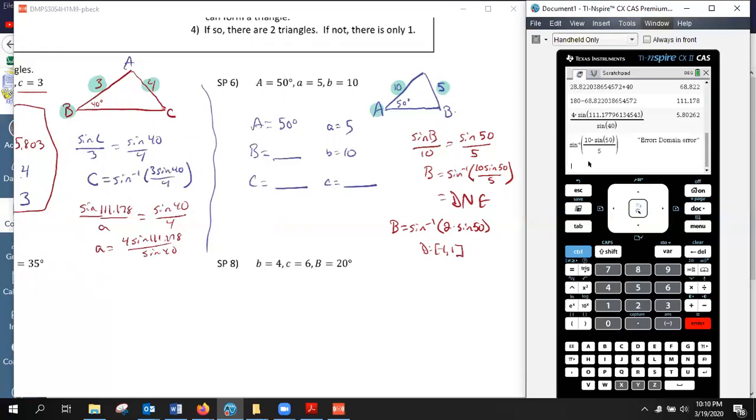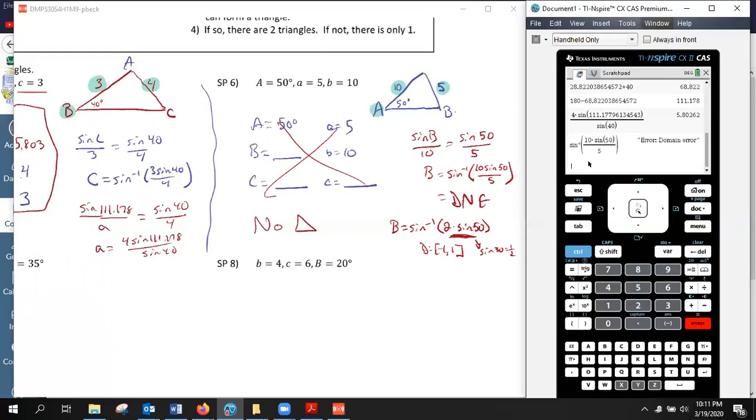And since the domain of the inverse sine is -1 to 1, this expression right here is above 1. And I know it's above 1 because the sine of 30 is 1/2. So it's that 30-degree angle that would be the largest angle that I could possibly have in order to make the situation work. So this is not a triangle. No triangle.